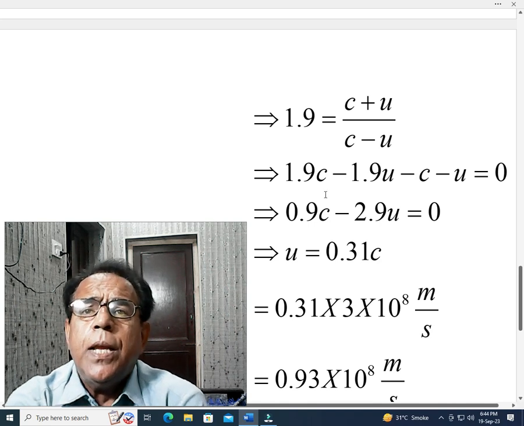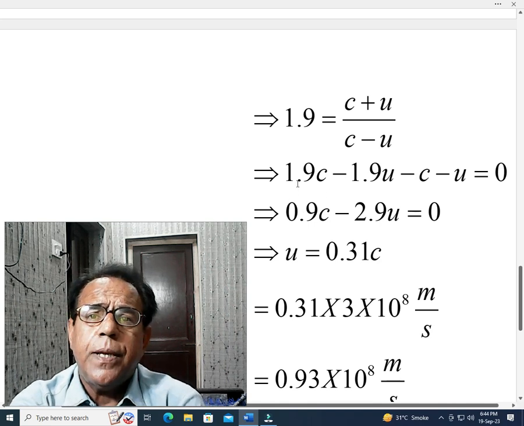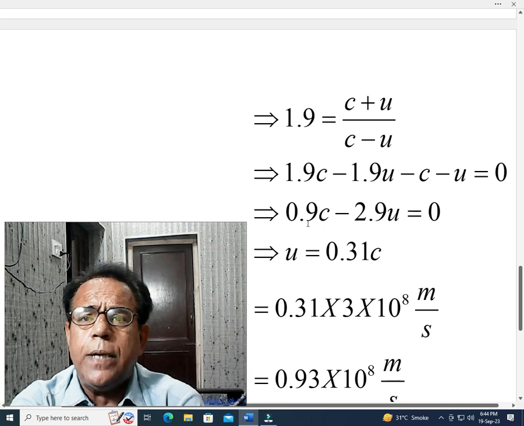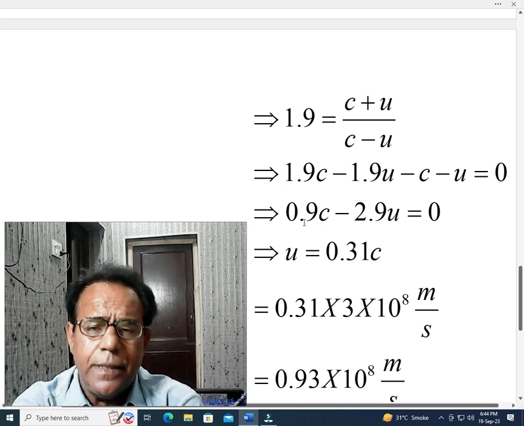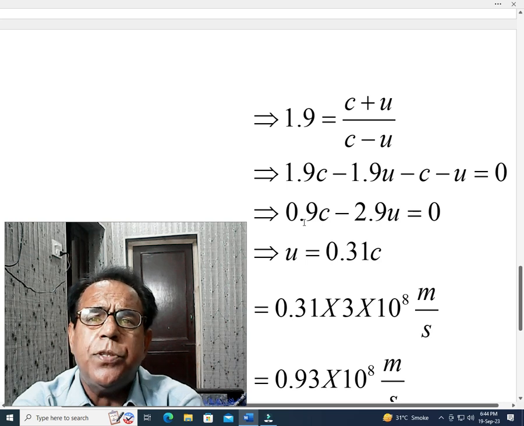Now this implies that 0.9c, because from 1.9 when 1 is subtracted, 1.9 changes to 0.9.